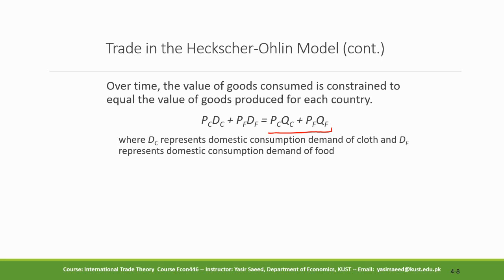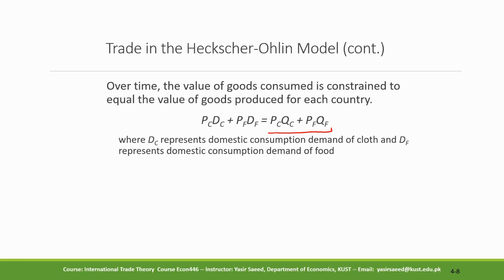Consider the cloth that we have produced. Let's say we have produced 10 units of cloth and we are selling each unit at 10 rupees, and 10 multiplied by 10 equals 100 rupees. So we are producing 100 rupees worth of cloth. Similarly, if we are producing 5 units of food, and the value of each unit of food is, let's say, again 10 rupees, then PF into QF is equal to 10 into 5, that is 50.